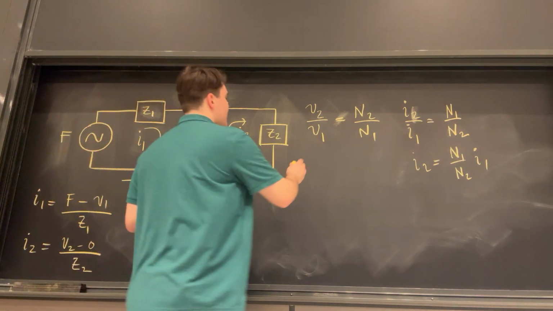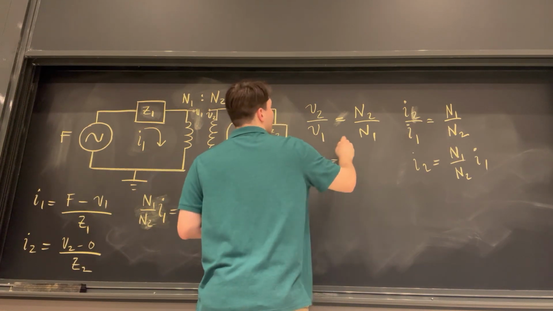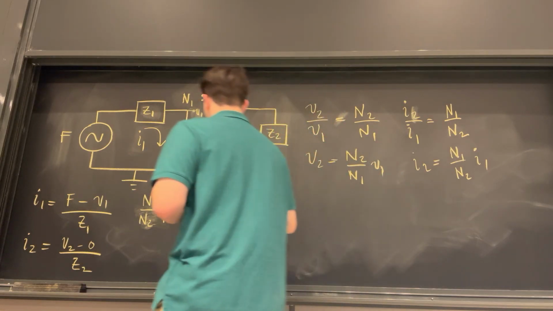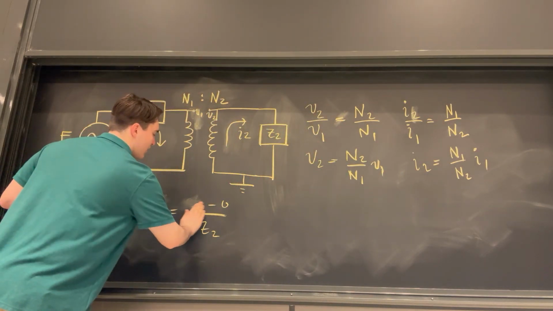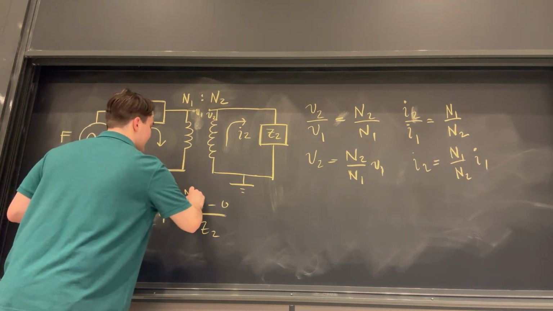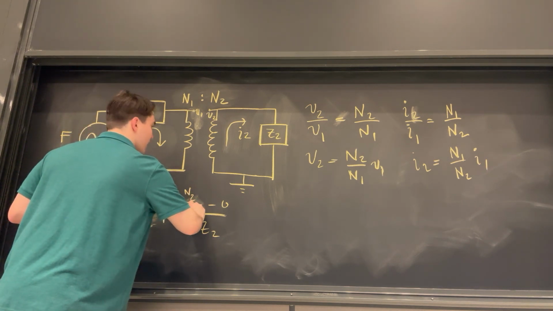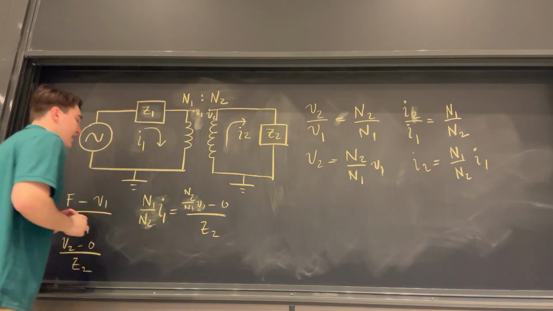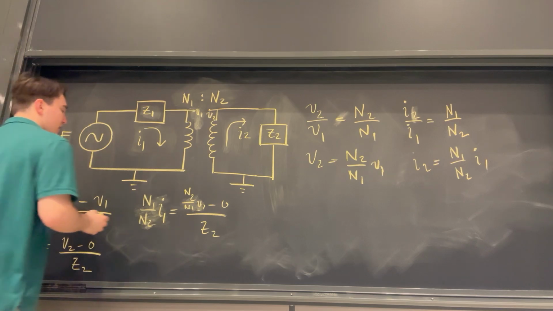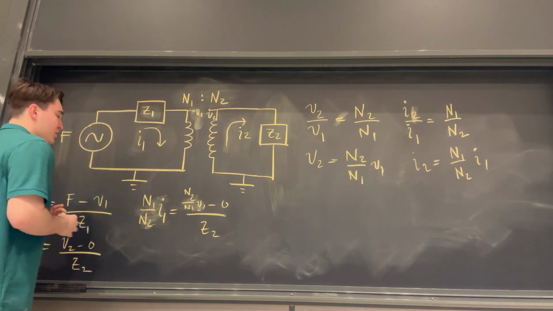And then for V2, let's substitute in what we know is true for V2, which is N2 all over N1 times V1. Boom. So let's plug that in for V2. Then I'm going to do some rearranging over here.